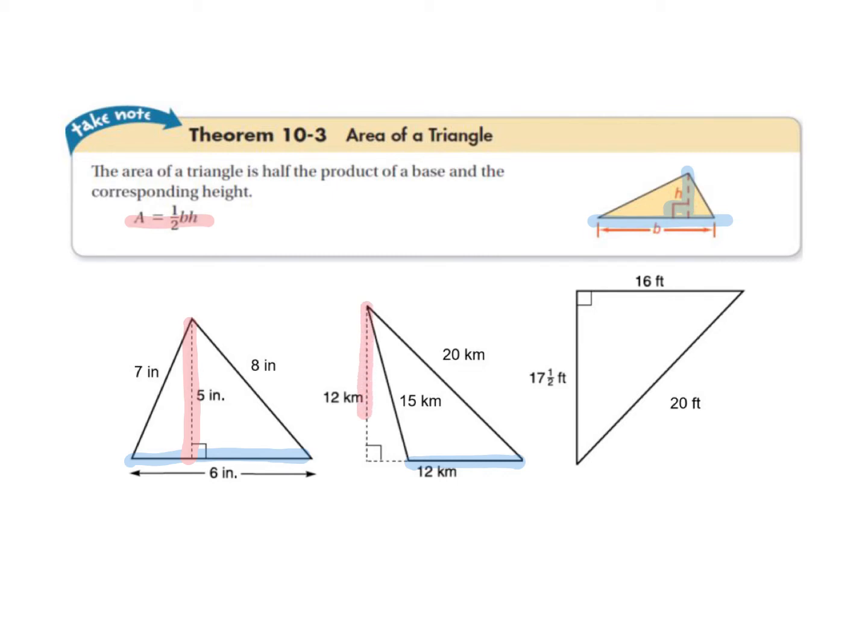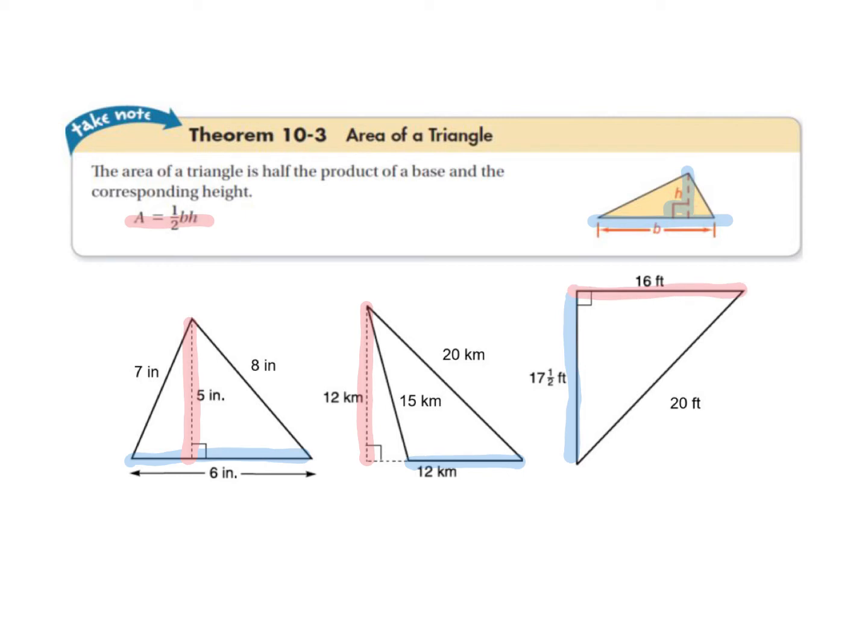And then I would use this outside as my height, because that is straight from the top down to the bottom, okay? And then this one, again, this is where the base wouldn't necessarily be on the bottom. We're looking for just a base and a height that are perpendicular. So let's say I use 17.5 as my base, then the 16 would be my height.